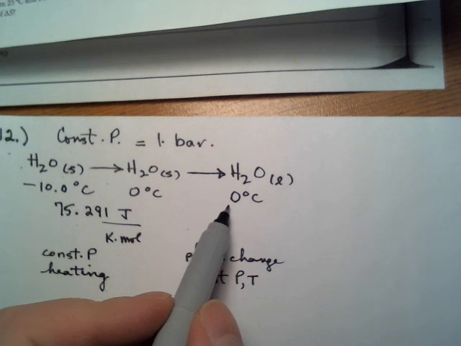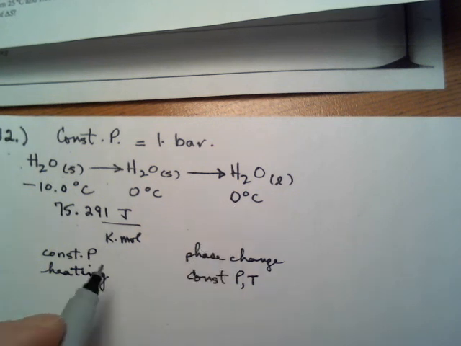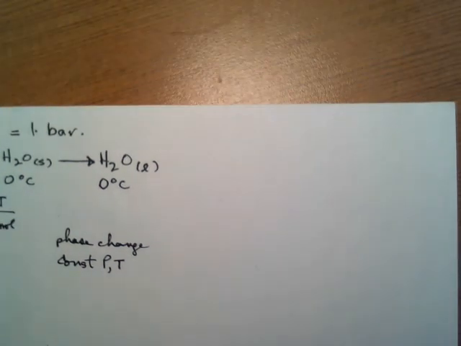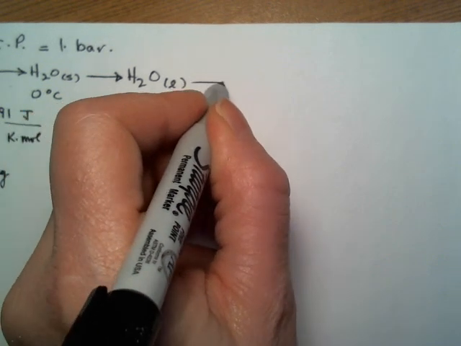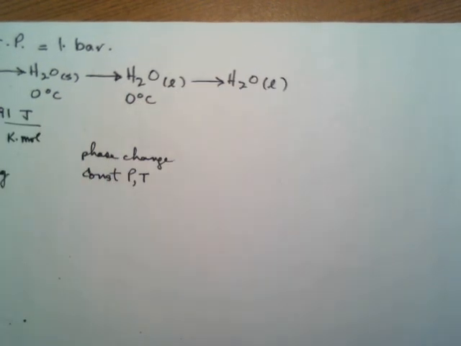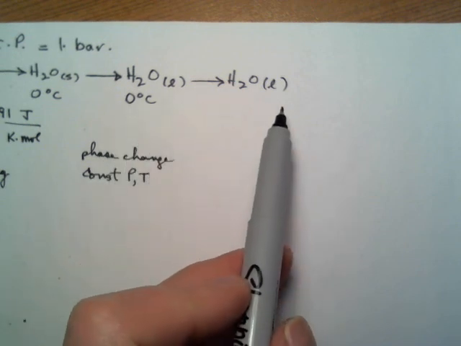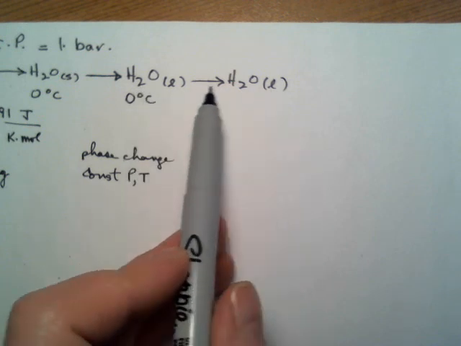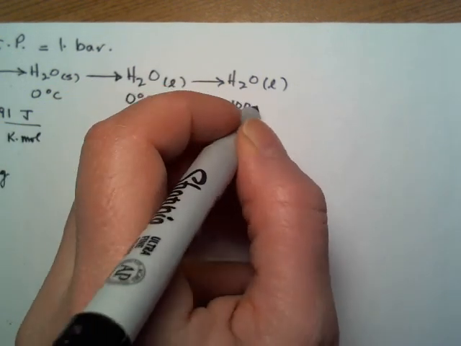Okay, now that I have water, liquid H2O at 0, I have to get to vapor at 115. So slide this over. The next thing I want to do is heat the water. And where are we going to heat it to? Until what temperature? I don't want to go past a phase transition, so my next phase transition, this is the whole stability of the liquid phase range, so I can go all the way to 100.